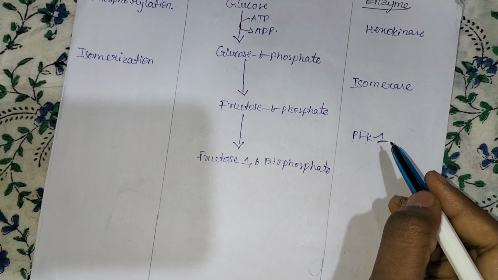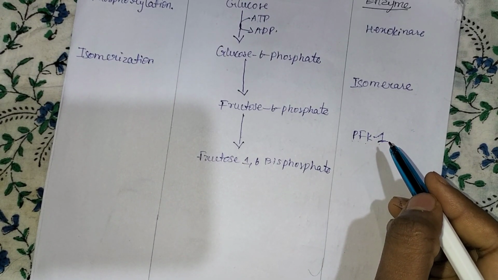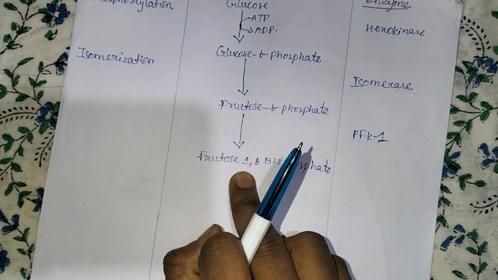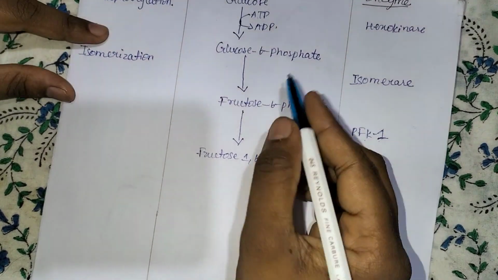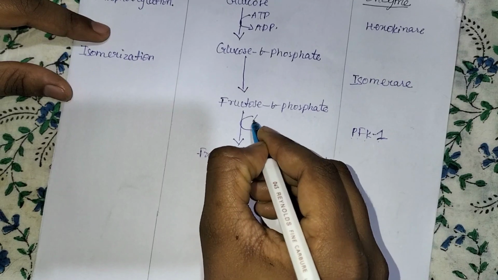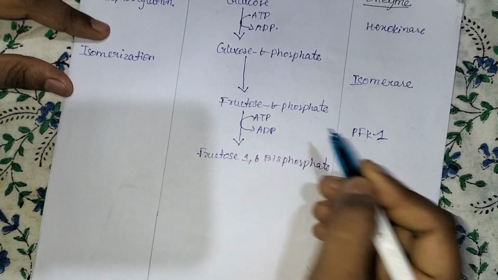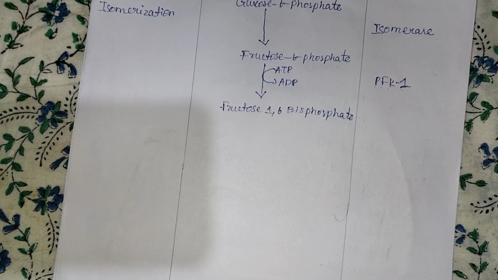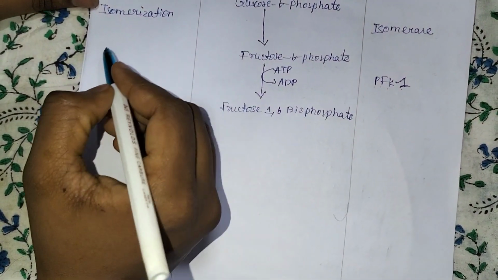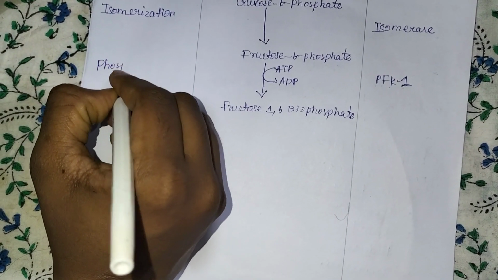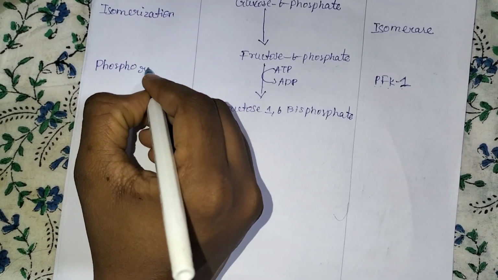As we know, at the first position, I mean at the first carbon also, we are adding a phosphate. By utilizing one ATP, here we are adding one phosphate at the first carbon. The step name will again be phosphorylation, as a phosphate is added.